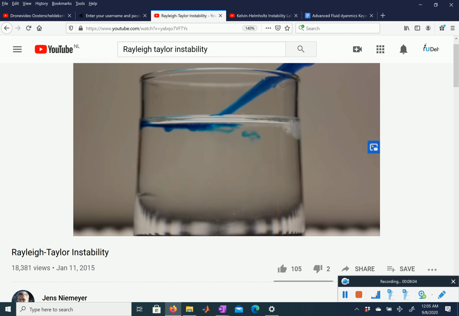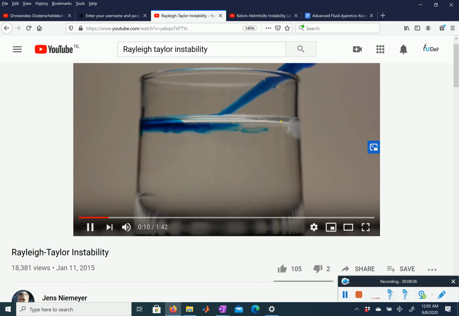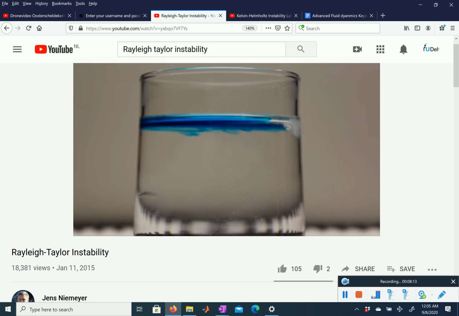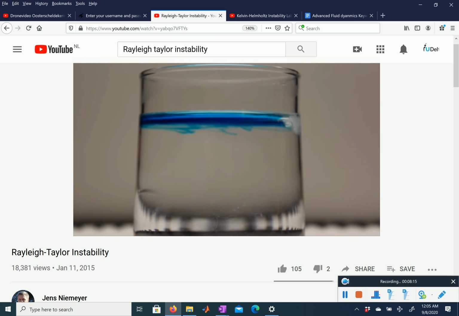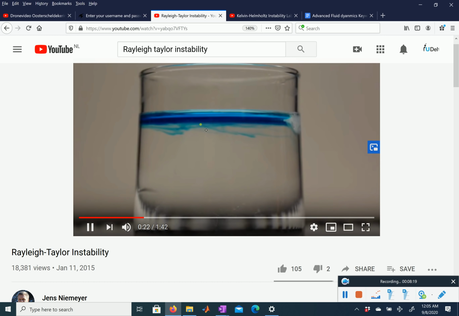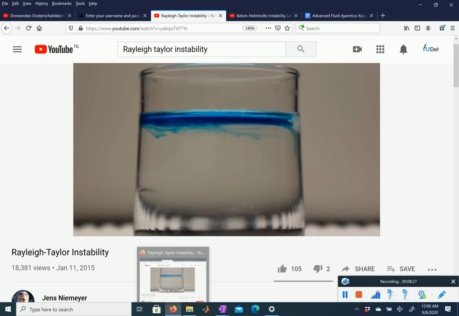So this blue layer here on top now is a layer of water mixed with a certain dye, and this layer here is denser than the layer on the bottom. Now there's a trick to that, because of course, let me pause that.